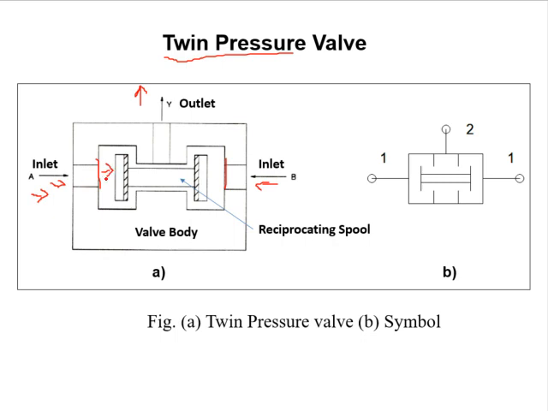As it acts force on this wall, the spool will reciprocate to its right side, so this wall area will rest on this area. Now the air will not pass through this passage, from A to Y, because this area is closed.